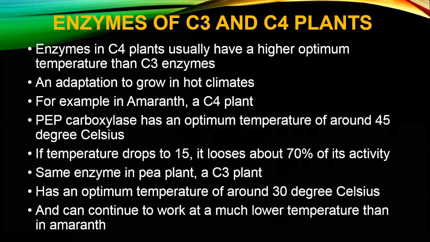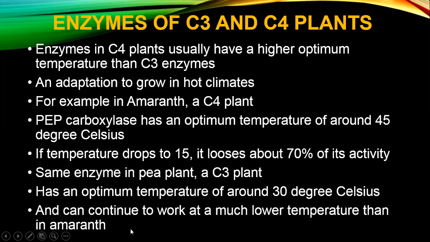So you can see the activity becomes very low. But the same enzyme in pea plant, which is a C3 plant, has an optimum temperature of 30. Compare 45 and 30: it can continue to work at a much lower temperature than in amaranth. So this is how the C3 enzymes are also different from the C4 enzymes.